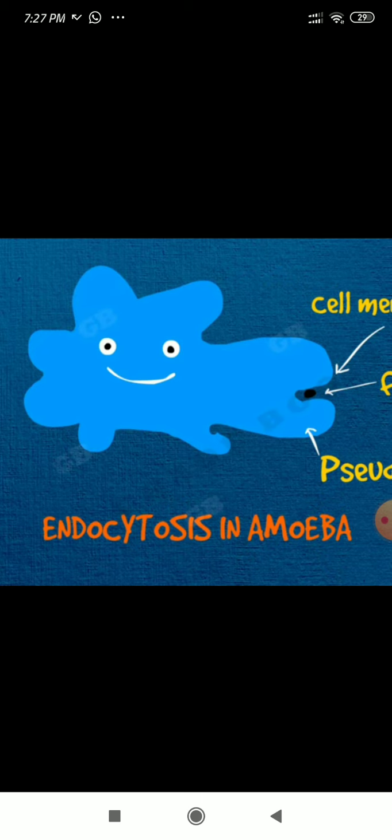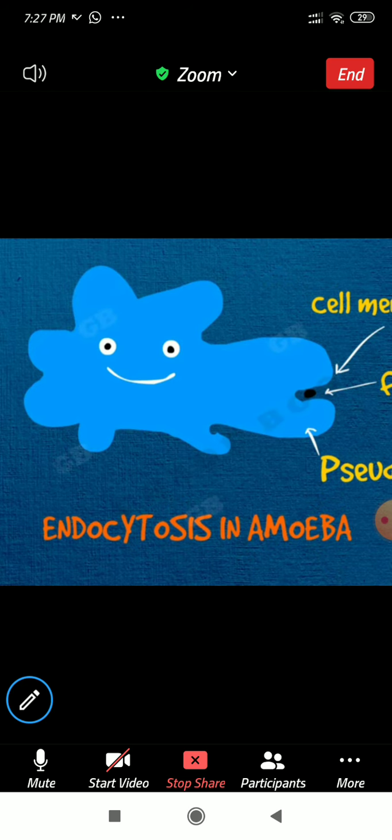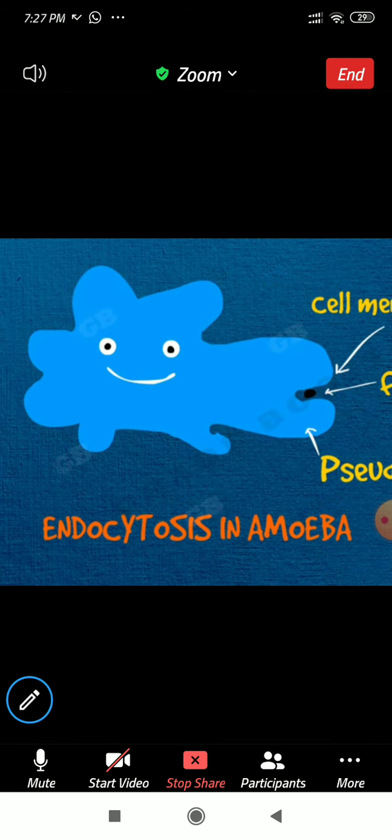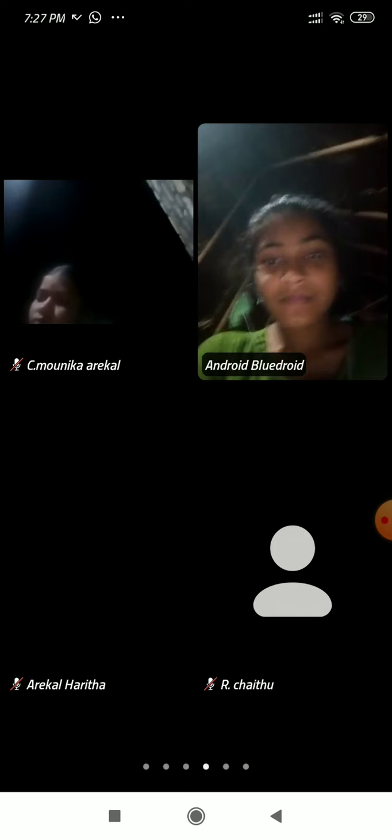Okay, and there is one more function. The plasma membrane is not only flexible, it also does some more functions. The first function of the plasma membrane is that it provides a definite shape to the cell and its semi-fluid contents.